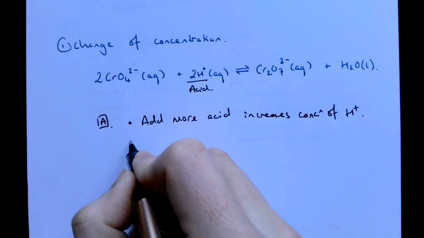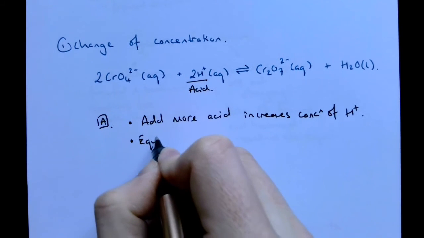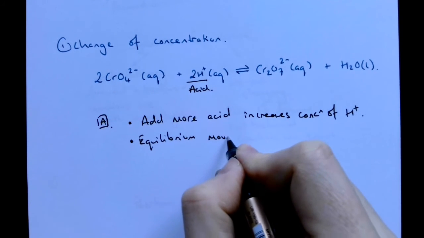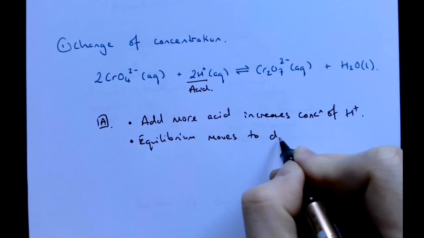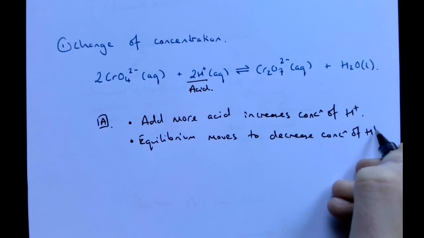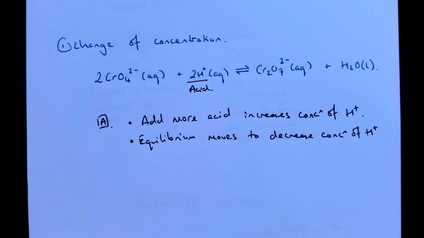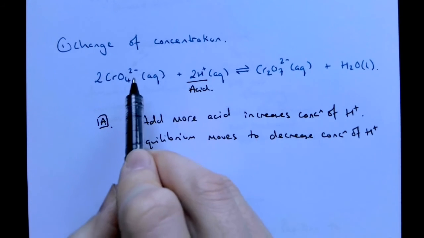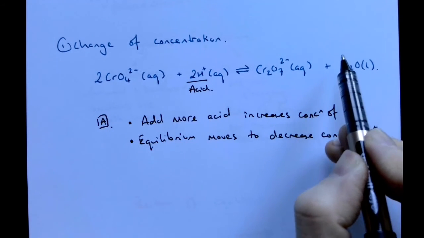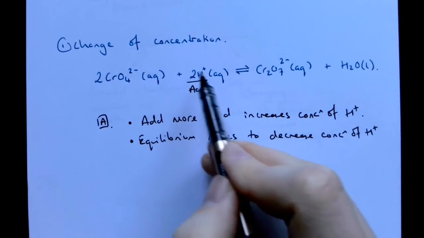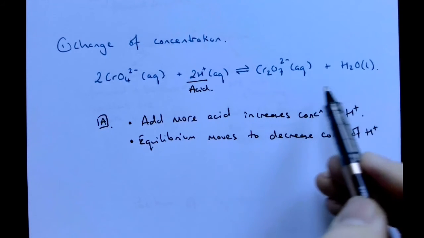So the equilibrium is going to want to shift to minimize that change. It's going to move to decrease the concentration of H+. How can the equilibrium move to decrease this? Well, it just needs to do the forward reaction. It needs to react more of the acid with this, so that will remove the acid and it will produce more of this.